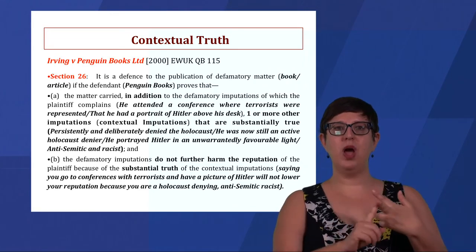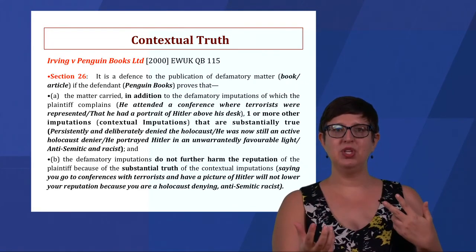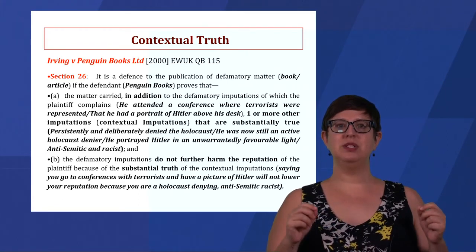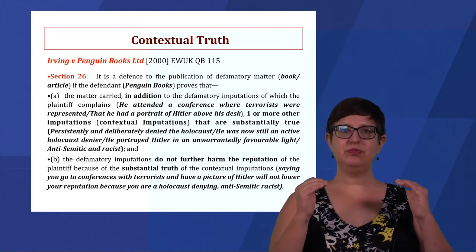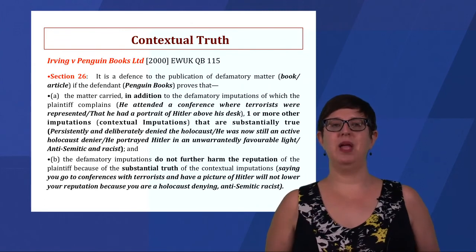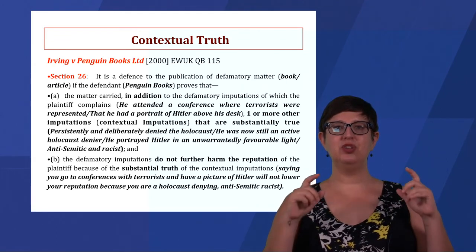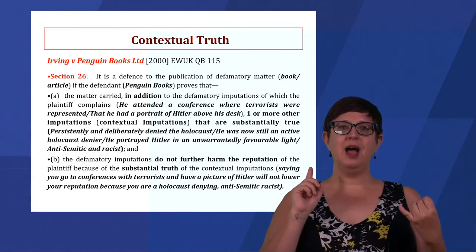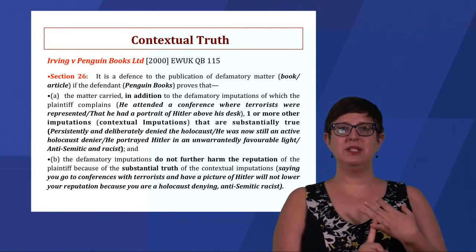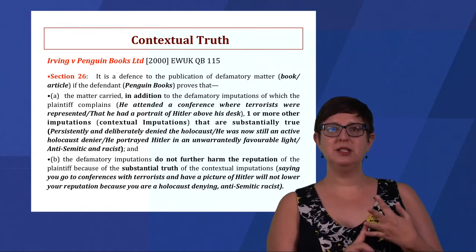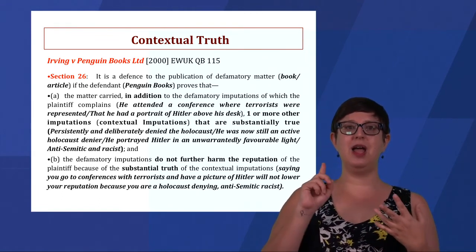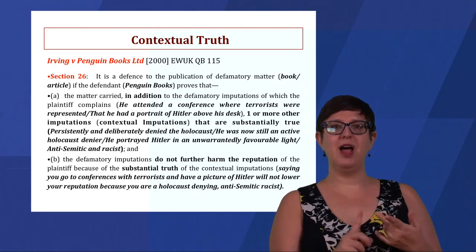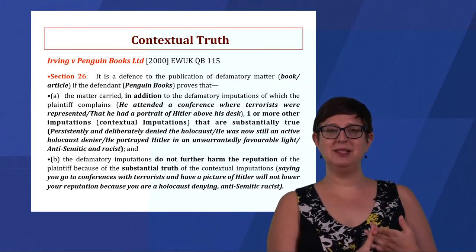Then you had to have one or more other imputations called contextual imputations that were substantially true. In the Irving and Penguin Books case, the substantially true contextual imputations were that Irving persistently and deliberately denied the Holocaust, he was still an active Holocaust denier, he portrayed Hitler in an unwarrantably favourable light, and that he was an anti-Semitic and racist.